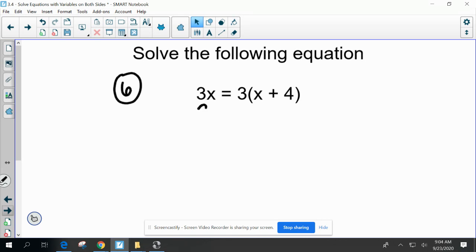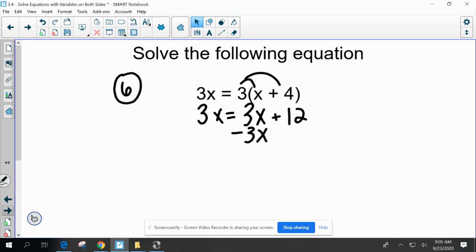On the right-hand side, I need to distribute the 3, and I would have 3x plus 12. Okay, and then what should I do next? This looks different. Why? What's going on here? They're the same on both sides, right? The 3x's are the same. We haven't had that yet.